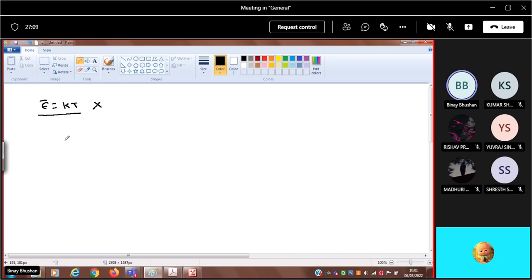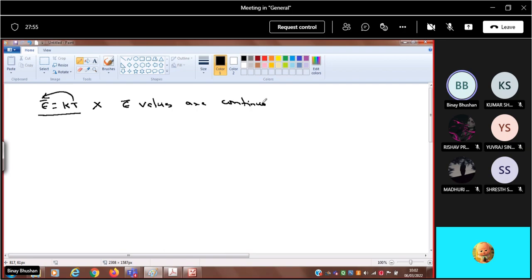The average energy of an oscillator cannot be like this. Why? Because this formula says the average energy of an oscillator could be anything. Remember, k is the universal Boltzmann constant, and T is the absolute temperature. The temperature can be anything, it can have any value, and depending on T, this average energy could take any value. That means epsilon bar values are continuous here.